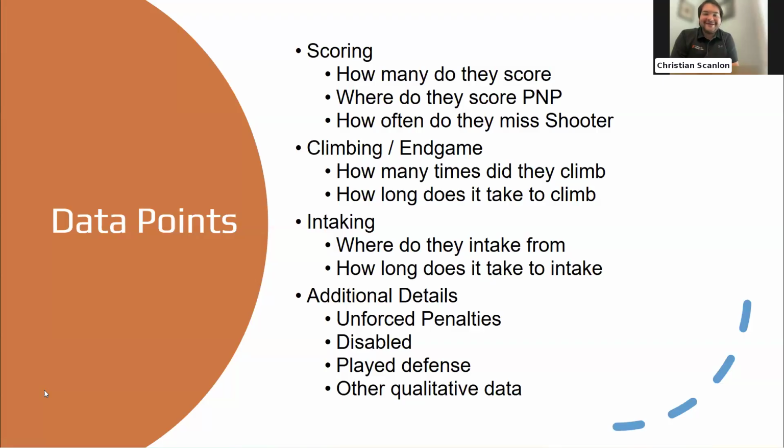I would say it's best to have at least one person per robot at a time. If you have less than 9 people for an entire event, I would look at grouping up with a team that maybe is nearby you or you're familiar with some of the people who do scouting on their teams.